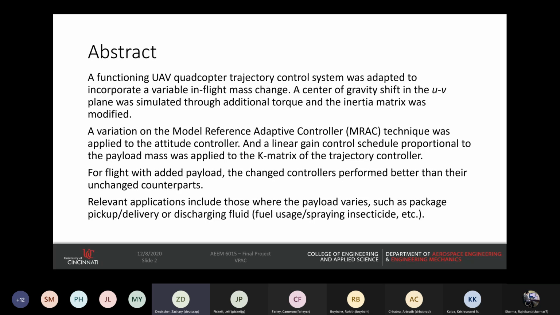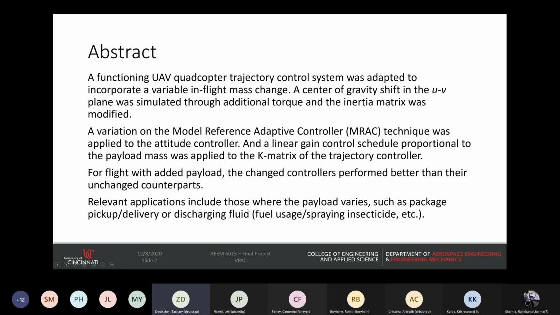So where a payload would be decreasing would be like drone delivery, or a firefighting drone that's dispensing firefighting fluid, or where payload is increasing, like possibly a trash pickup drone. But we'll get into the application of the controllers in a little bit. Next slide.